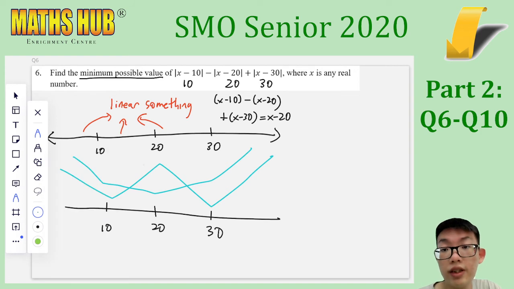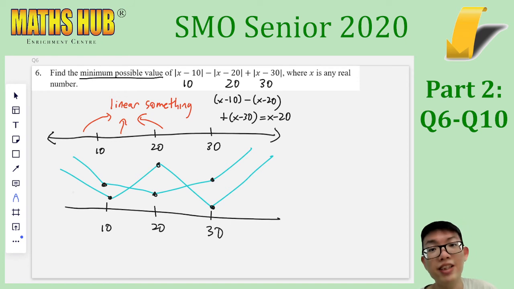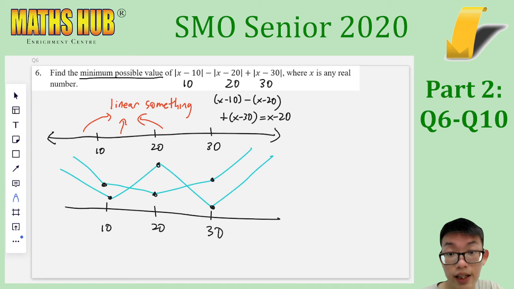If it occurs, it must be at 10, 20, or 30, because it can't occur somewhere in the middle of a line. Technically, it could also happen as you go to plus or minus infinity, but that's not really possible for a question that asks you for a minimum value, which shouldn't be negative infinity. So it has to be either 10, 20, or 30, and you just check it.